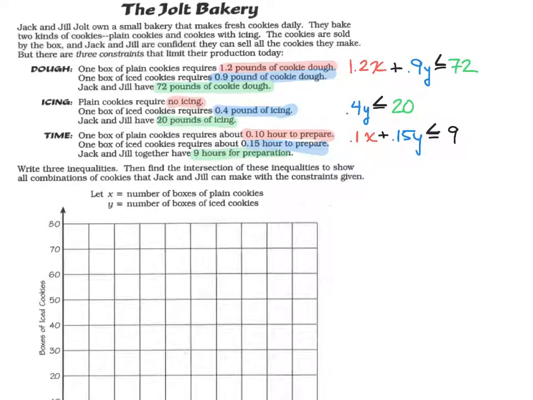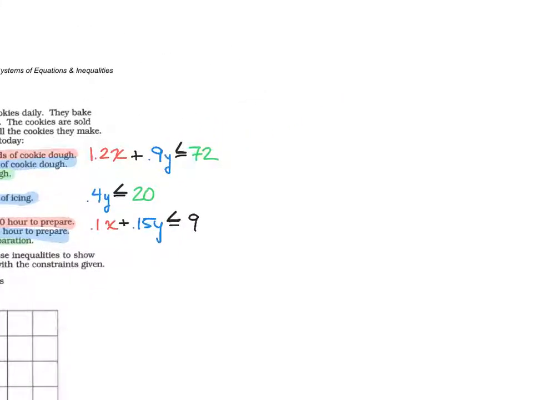And generally when it's in this form, I want to do it by intercepts. All right. So off on the side here, you can make a little table if you want, but really you just need to know the X intercept and the Y intercept for each one.